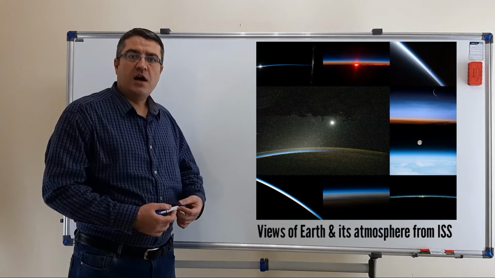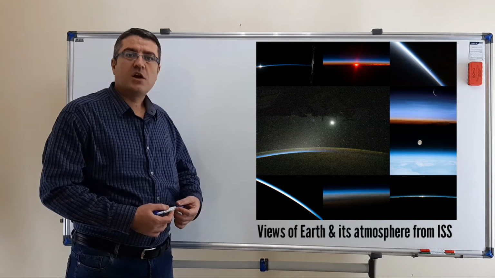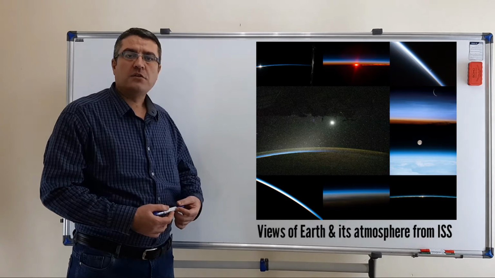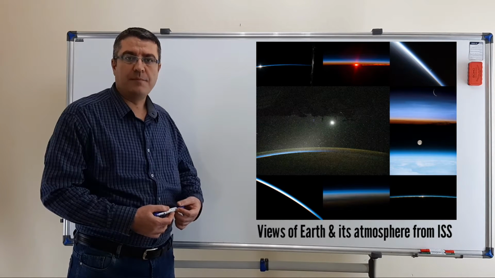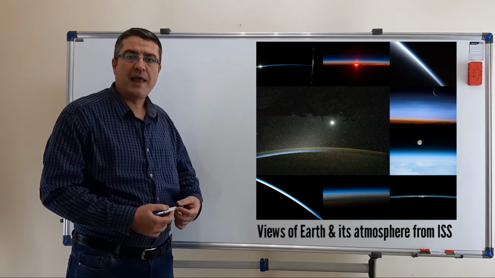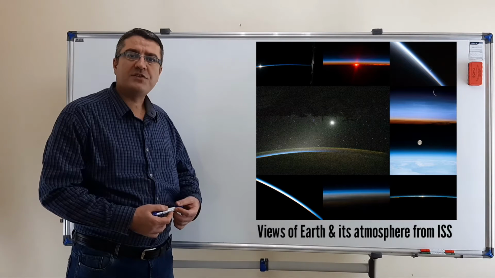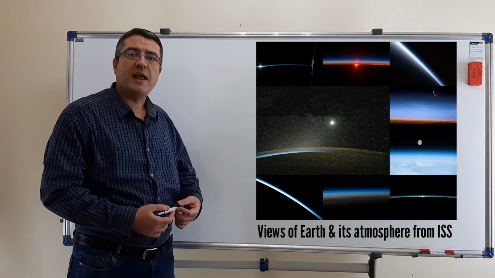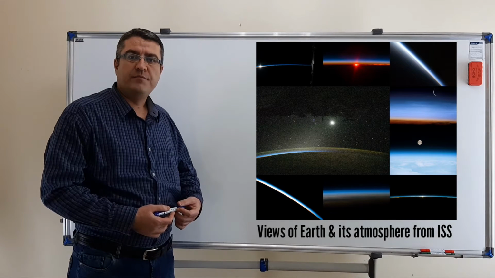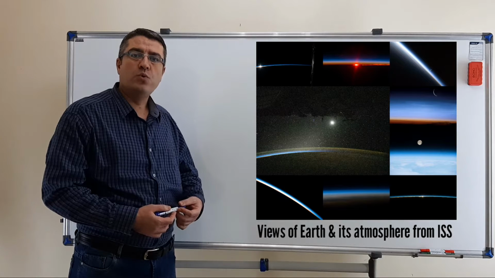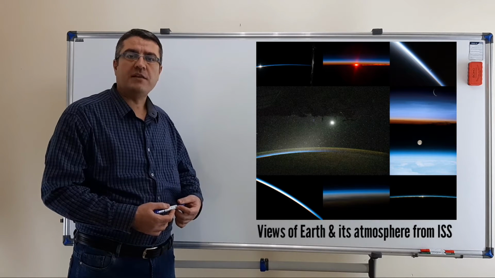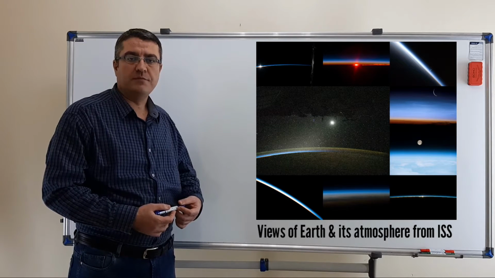Based on NASA's Earth fact sheet, Earth's current atmosphere has a total mass of about 5.1 times 10 to the power of 18 kilograms, a surface pressure of 1014 millibar or 1 atmosphere, an average surface temperature of 288 kelvins or 15 degrees Celsius, a surface density of 1.217 kilograms per cubic meter, and mean molecular weight of 28.97.